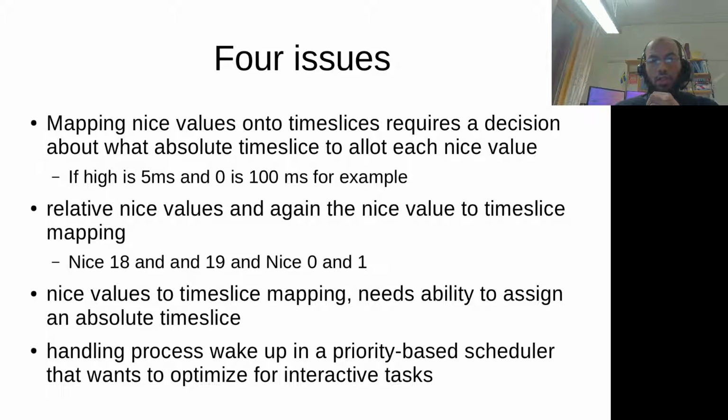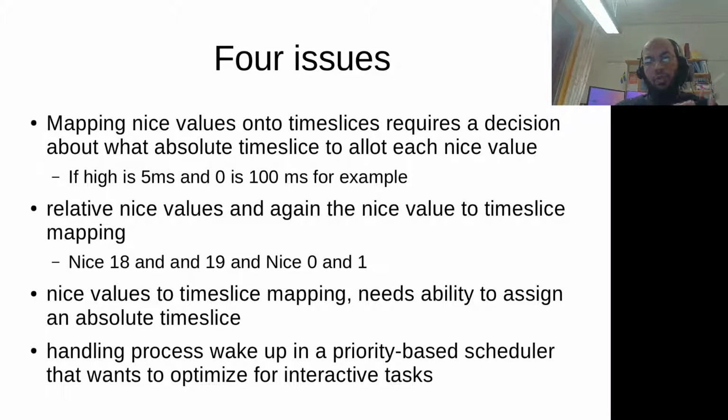And then the last one is that it's hard to handle the process wake up in a priority based scheduler. If you are trying to optimize for interactive tasks, what you want is to make sure that something that just started would run, because it has never had any time on the CPU. This is doable with absolute time slices, but not optimal, because it gets extremely hard.